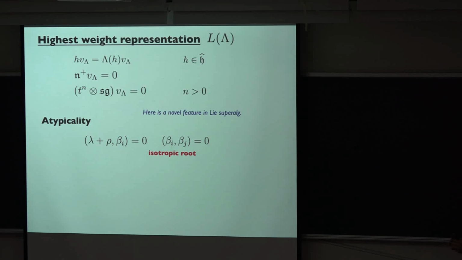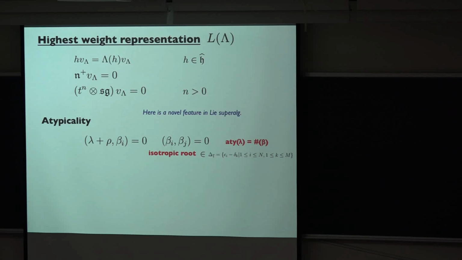Sorry, this is the vanishing condition for this bilinear form. This is an element of the odd root of a Lie superalgebra. The number of this beta satisfying this is also orthogonal to the highest weight, and this number is called atypicality in mathematics.